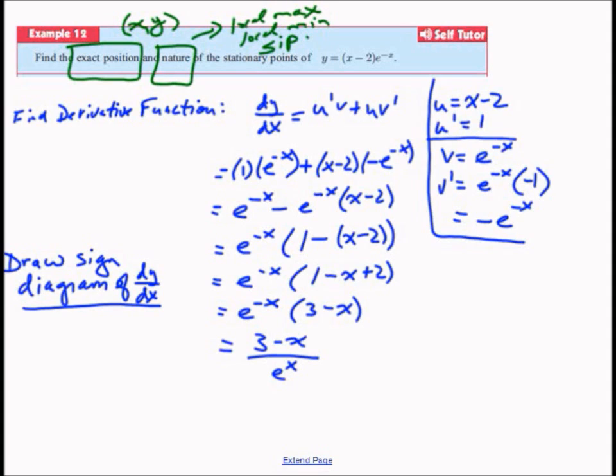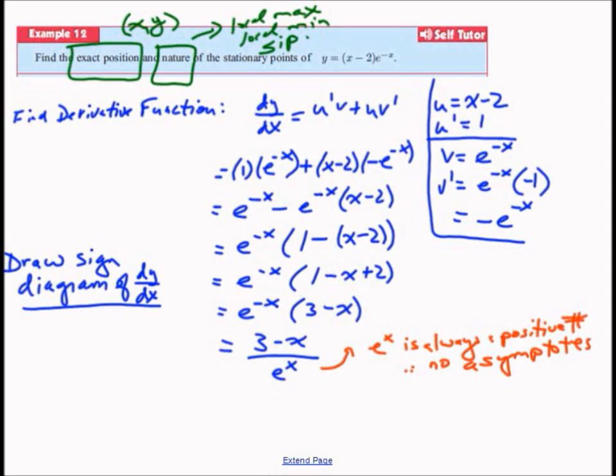Even though there's a denominator here, e to the power of x is always a positive number. Remember, any number to the power of x is always a positive number. Even if x is negative, it just means that number is a positive fraction. Therefore, there's nowhere where that's undefined. So no asymptotes.